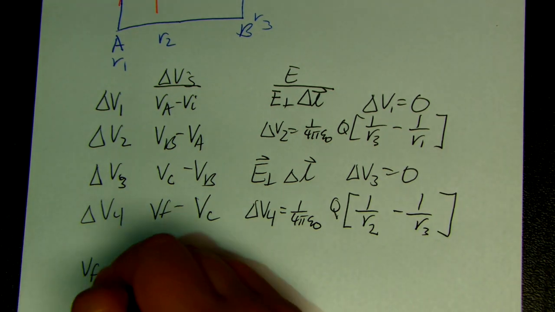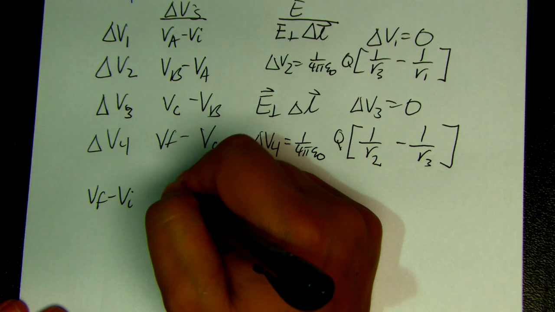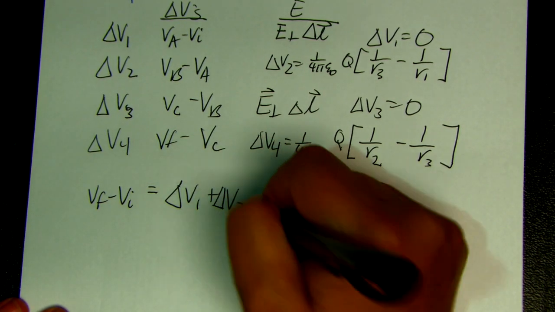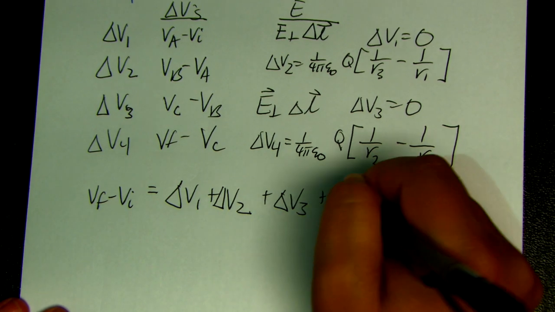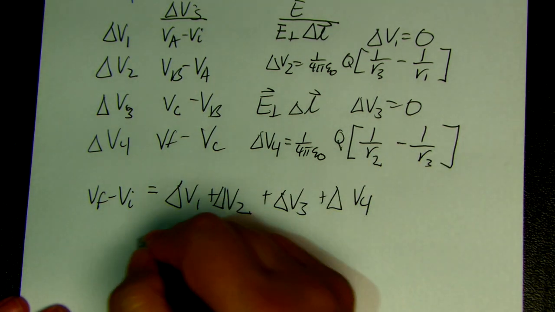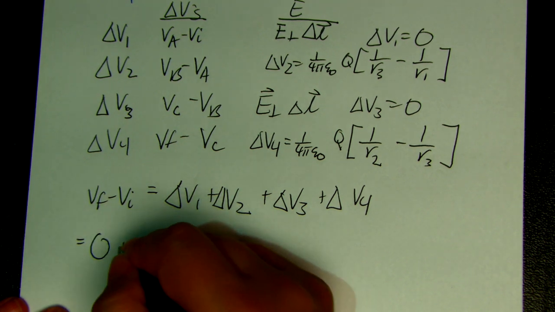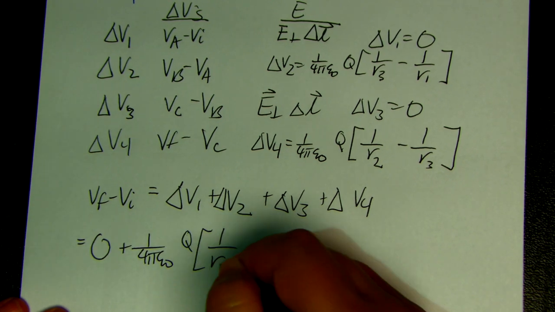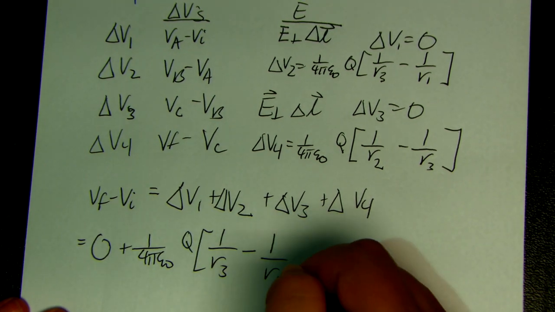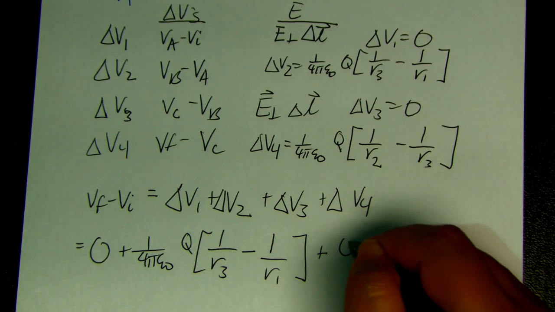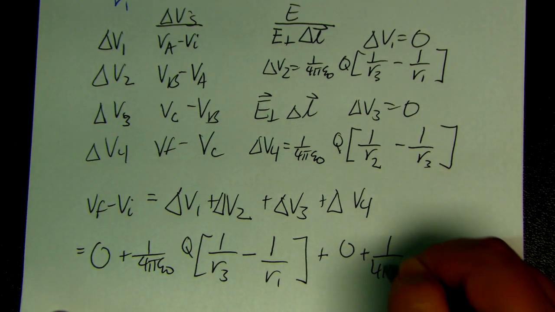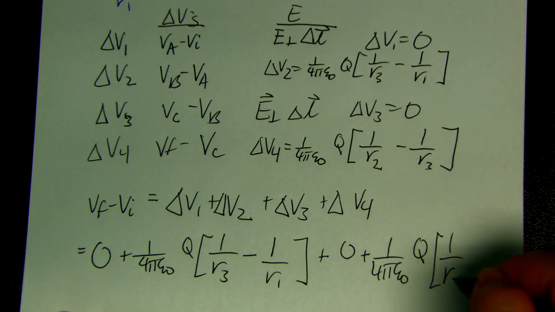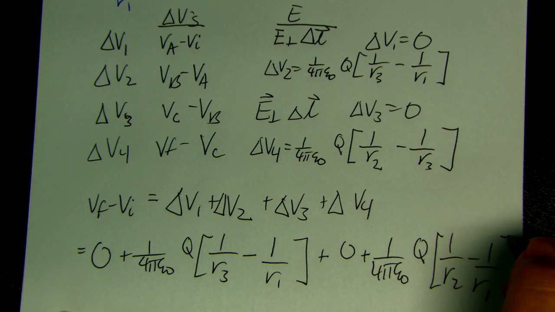And so V final minus V initial is equal to delta V1 plus delta V2 plus delta V3 plus delta V4. So this is equal to 0 for the first term plus 1 over 4 pi epsilon naught Q 1 over R3 minus 1 over R1 plus 0 plus 1 over 4 pi epsilon naught times Q 1 over R2 minus 1 over R3.